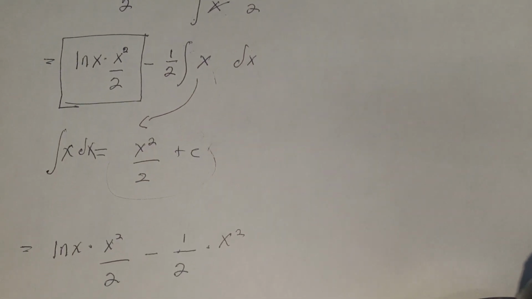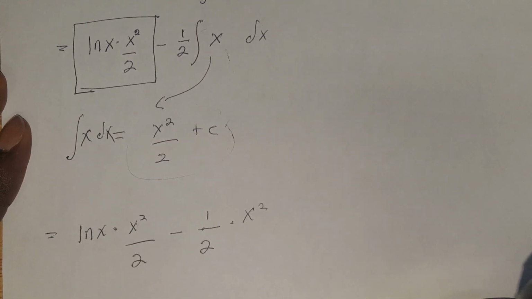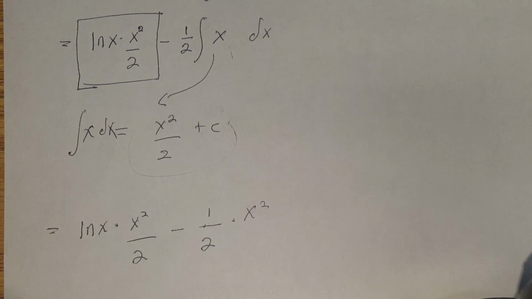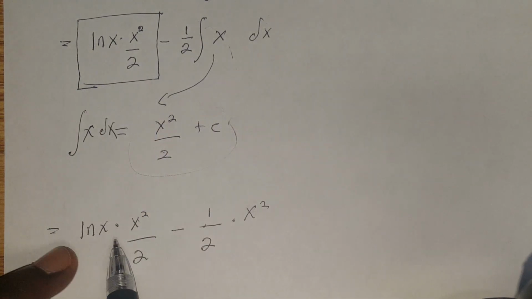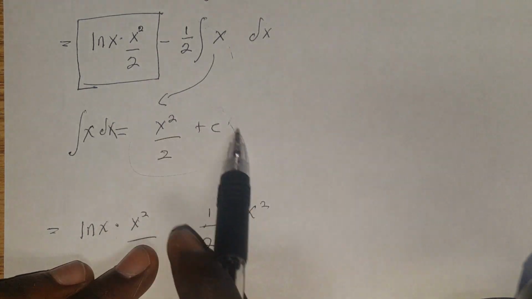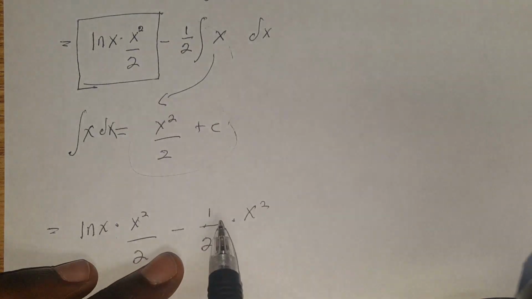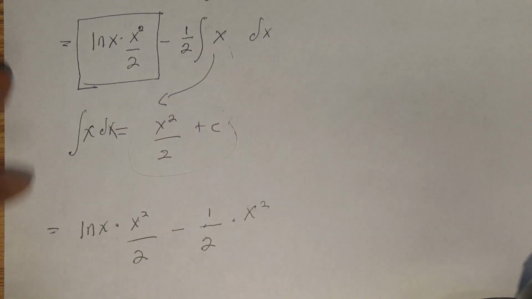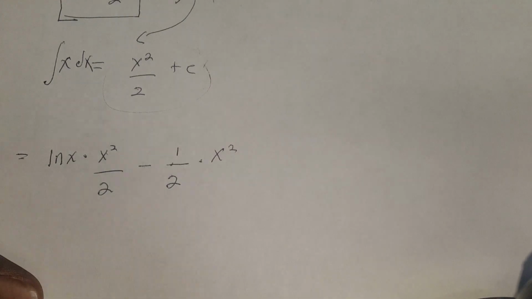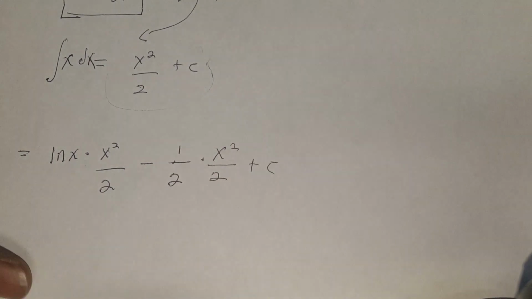Oh, my bad. So as I was saying, we bring this down here, then we multiply by the substitute of that, which is 1 over 2 here, and we multiply by x squared divided by 2 plus c.